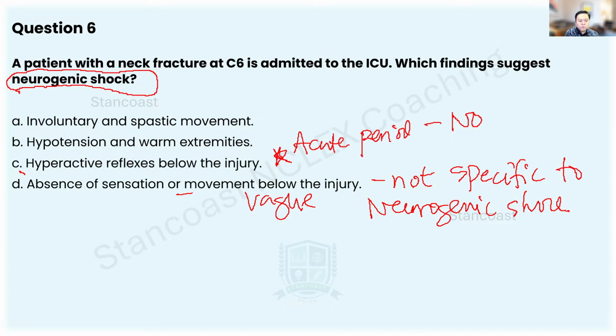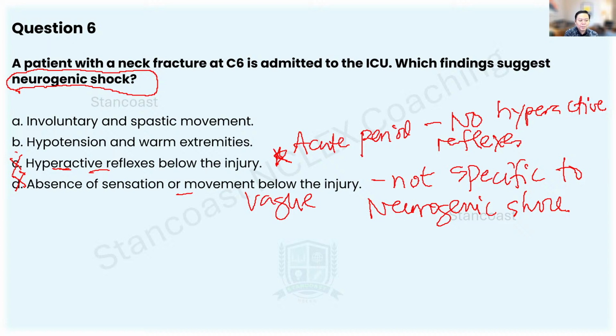No hyperactive reflexes, so this is wrong. We are eliminating letter C because the acute period can last for days up to weeks. So you will not be eliciting hyperactive reflexes this time.